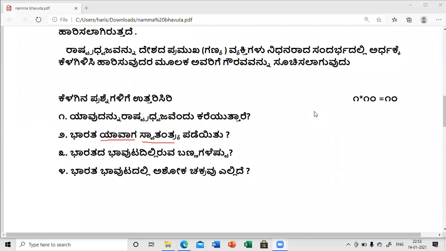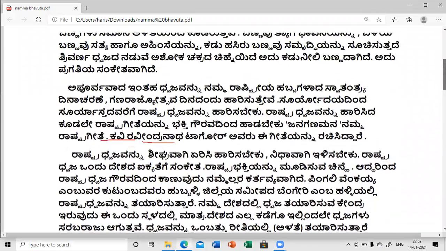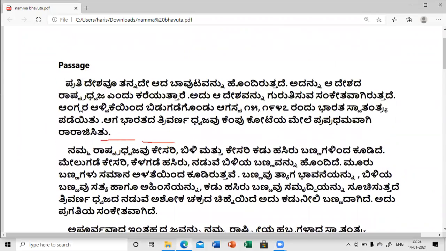When I say ಯಾವಾಗ, it's referring to a particular time which we need to look for in the passage. So you have to rely on the fact that you need to look at dates, years or months. Whenever you see a date or a month, usually you would get the answer there.